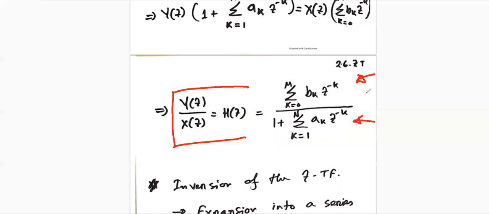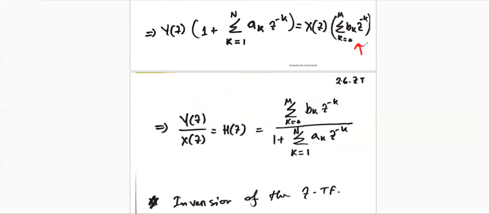If I go a little bit up, you will find that the numerator came from this x component. That means it depends on your input values and the coefficients of your input for different samples. And the denominator represents the feedback of your output.